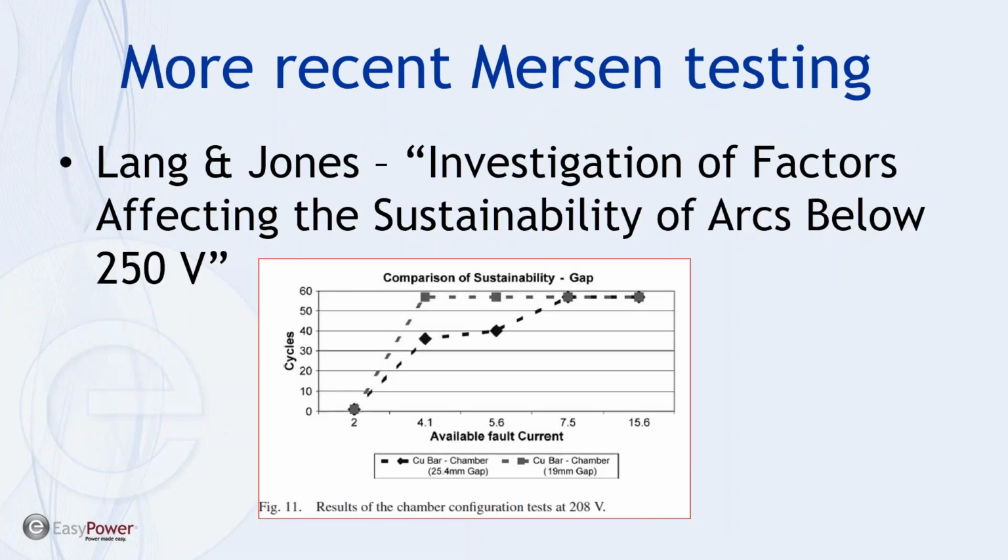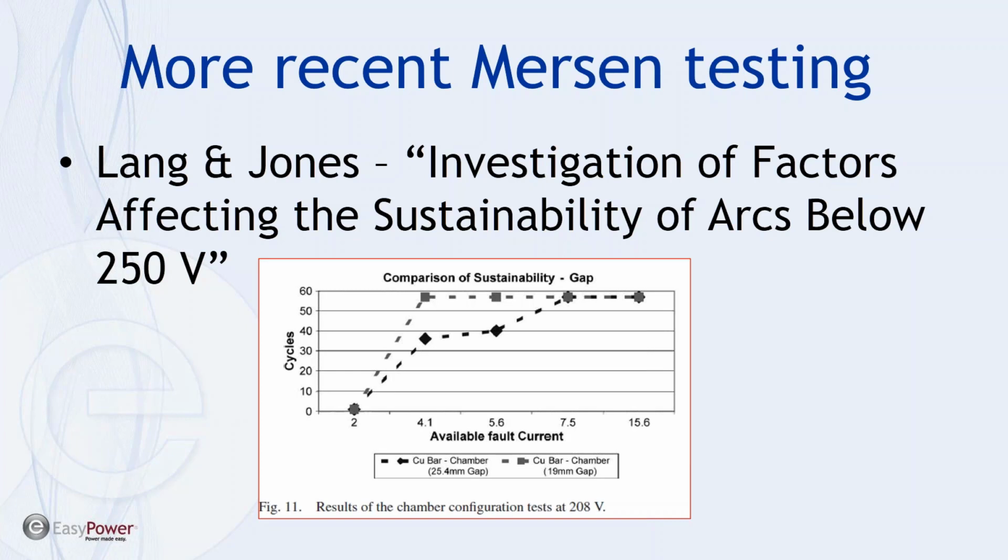Then if we bring that a little bit more current, as far as the test results, some Merson engineers investigating factors affecting the sustainability of arcs below 250 volts produced a very well-detailed report, and this is literally just one figure from a 12 or 18-page document.